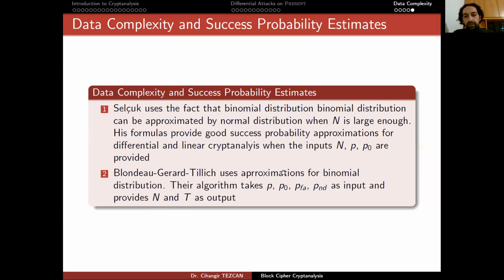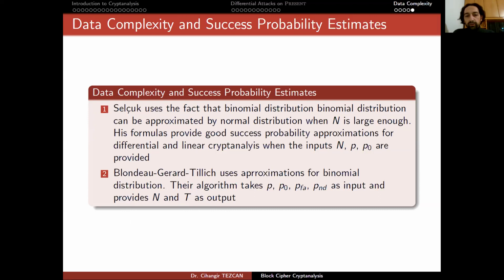So in the literature, there are these two approaches. Actually, you don't have to use them. For your attack, you can also approximate the success probability by yourself, but most of the time this is a tedious approach, and people prefer to use these. Selçuk's formula is very simple and works for differential and linear cryptanalysis, but this work is more general.